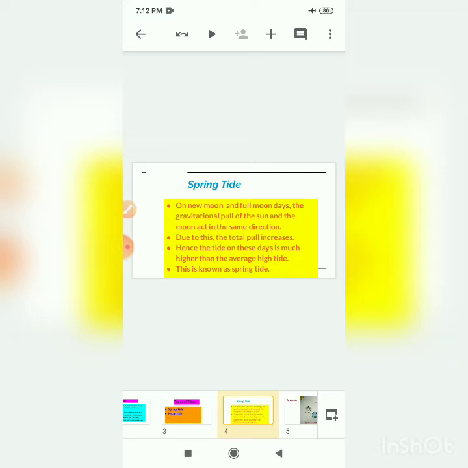Because of this, the total pull increases. Hence, the tide on these days is much higher than the average high tide. This is what is called spring tide, students. The tide on these days is much higher than the average high tide, and this is called a spring tide.